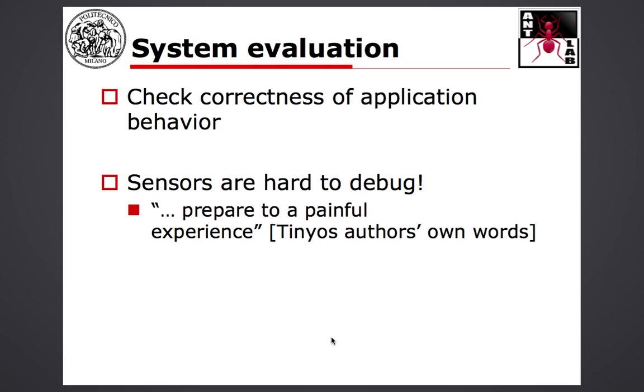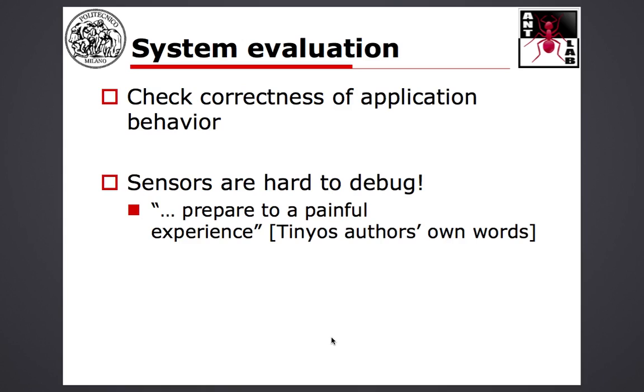And when we talk about applications for sensor networks and in general for the Internet of Things, which entails the hardware that we have seen, this very low cost and low power hardware with minimal computational capacities, then even testing that the application is working correctly might be very difficult.